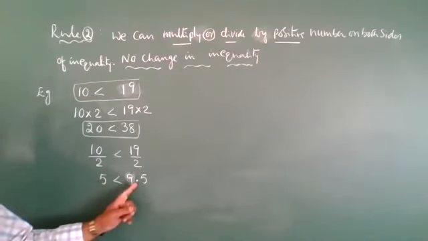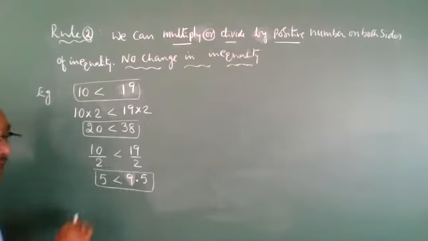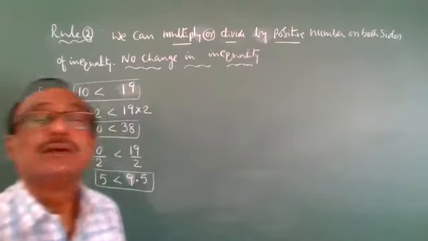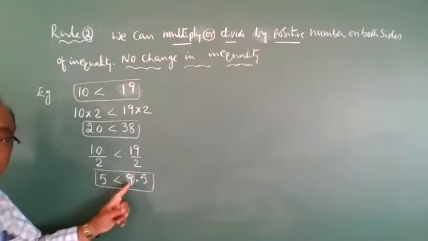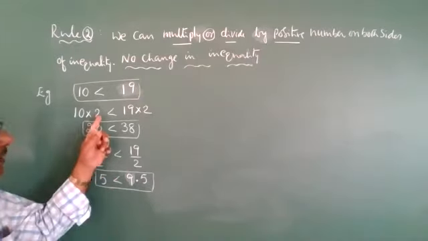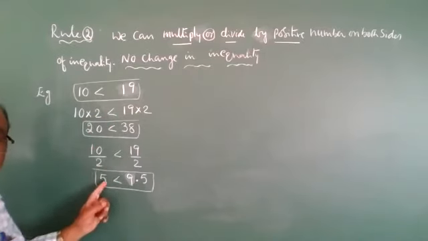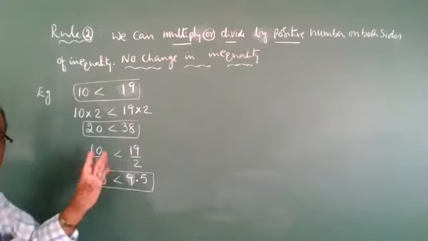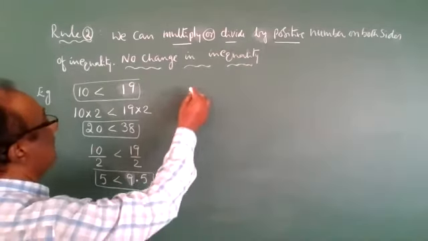So 5 is less than 9.5. Is it correct? Yes. The inequality is correct. By multiplication, we get the same inequality, less than. By division, we get the same inequality, less than. Okay, na? Right.